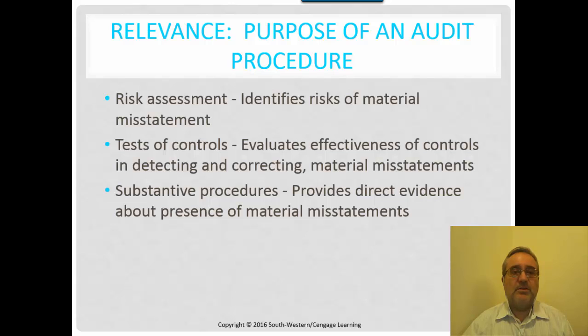When we're doing our testing of controls, we are evaluating the effectiveness of internal controls in detecting and correcting material misstatements. So the risk of material misstatement is based upon our risk assessment, where we are assessing these inherent risks, and our test of controls, where we are testing the control risk of the organization.